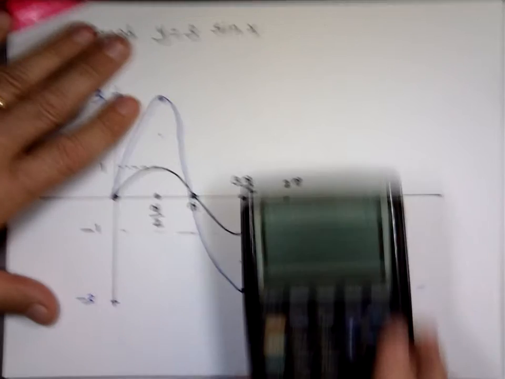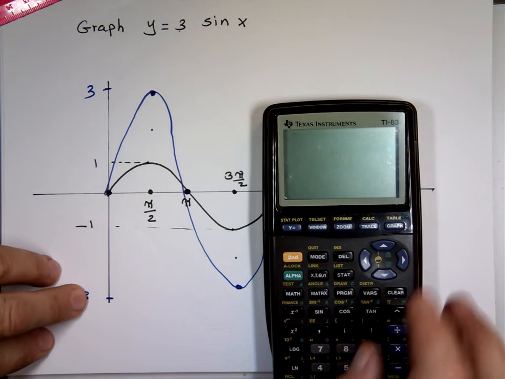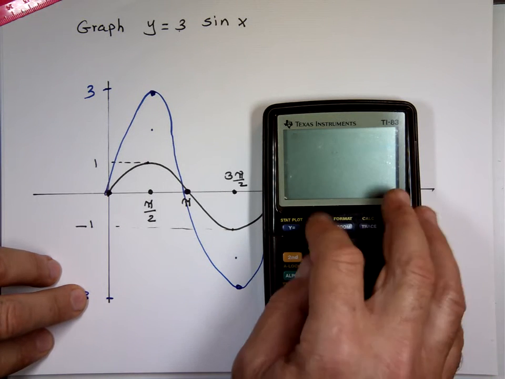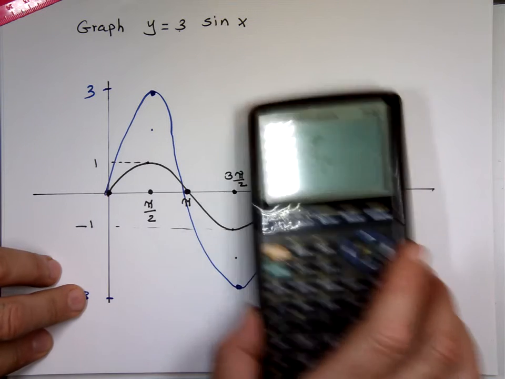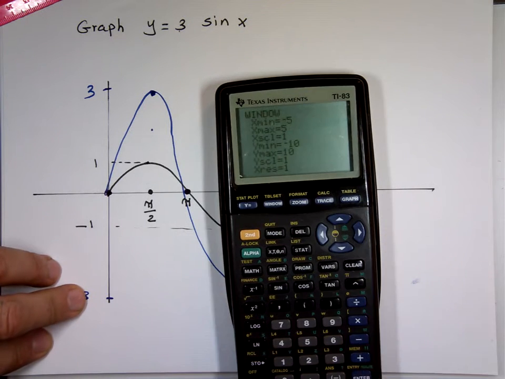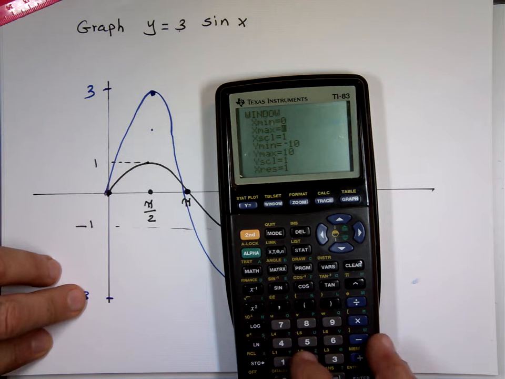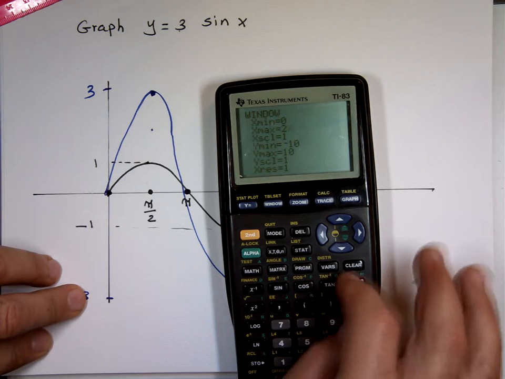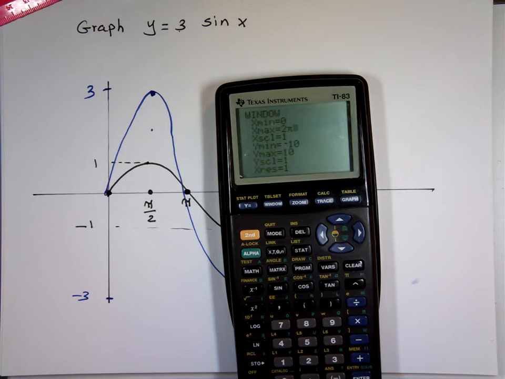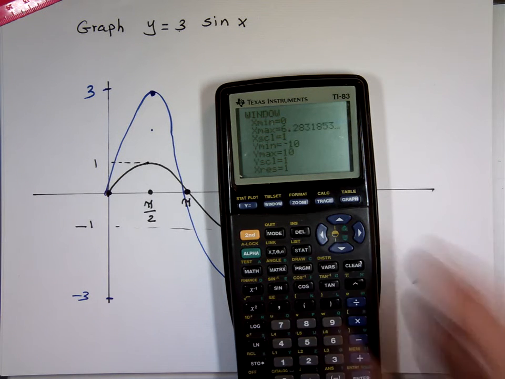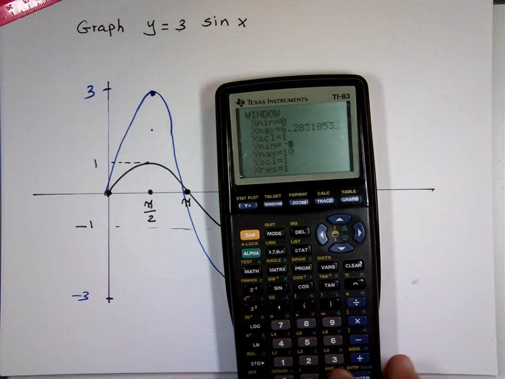If I show you these functions on my calculator on top of each other, you will see exactly what I'm talking about here. Let me change my window just to show you the first 2 pi. So I'm going to go x minimum 0, and go to 2 pi. Here we go, 2 pi. Can you see that? And let me make the y minimum -3, and I'll go to 3.